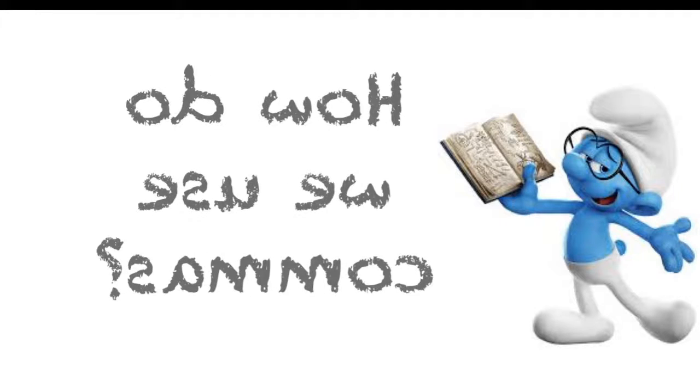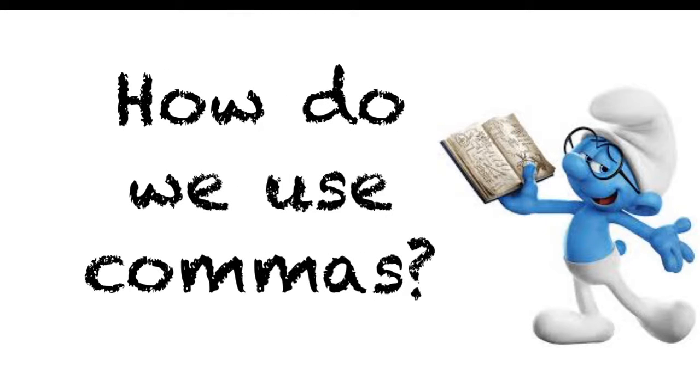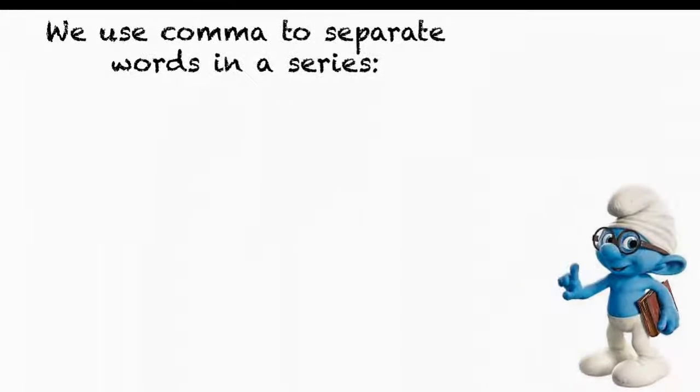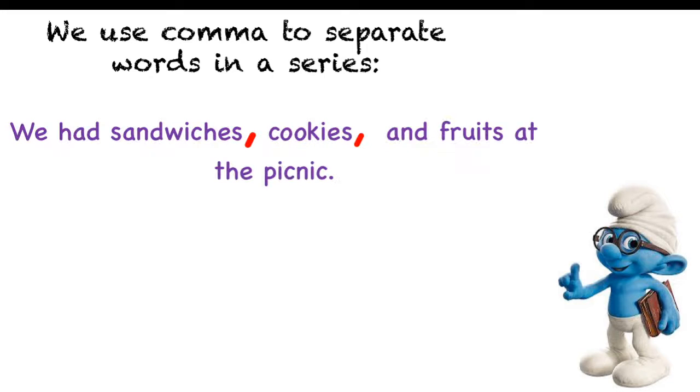Let's start with commas. You know the commas? Well, how do we use the commas? The commas have many ways how they are used. First of all, they are used to separate the words in a series, like this.